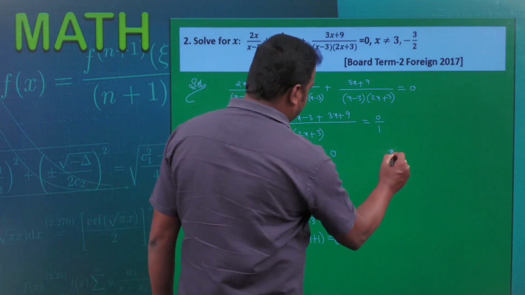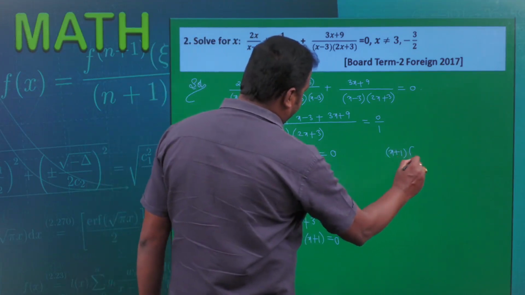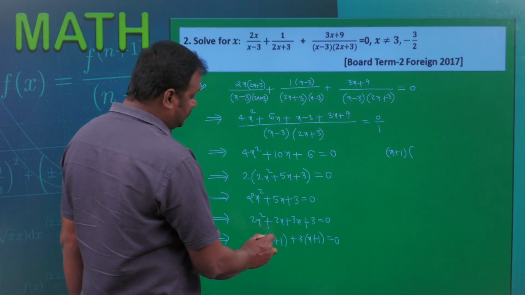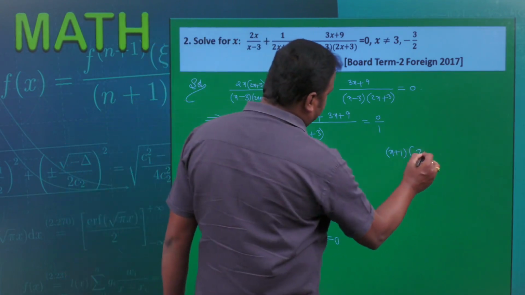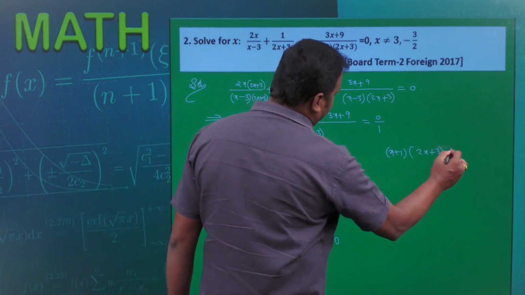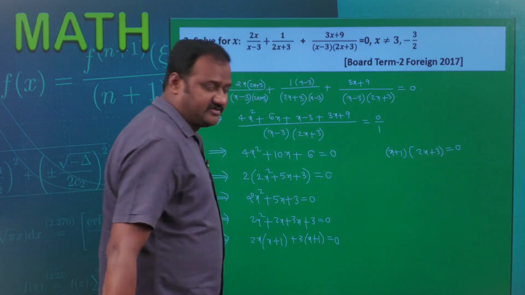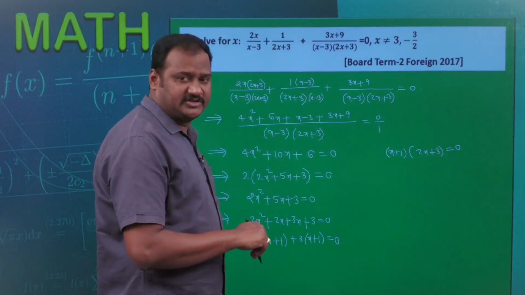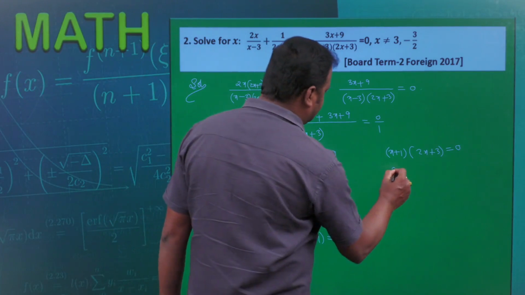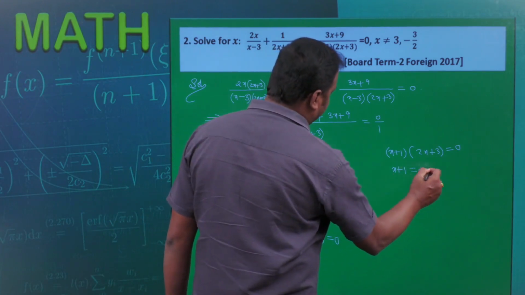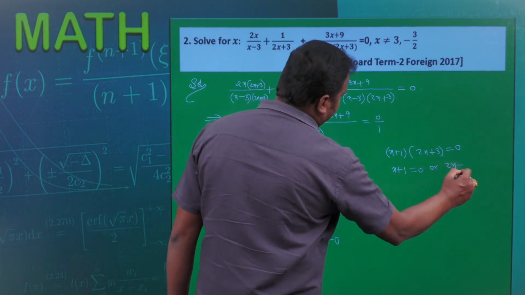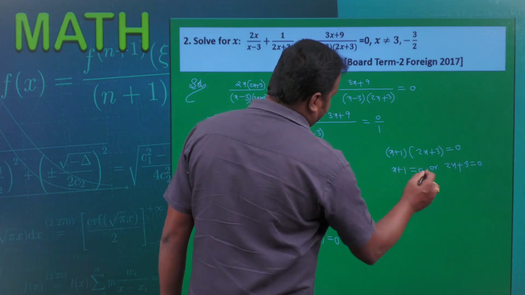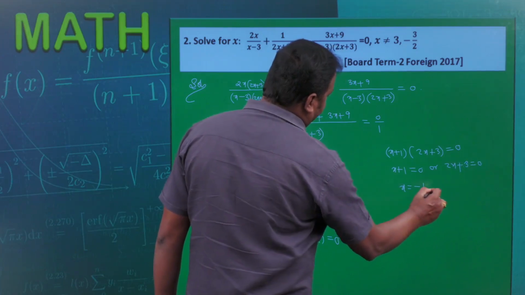So x plus 1 is the first factor into, the remaining term here is 2x and here plus 3. So 2x plus 3 is equal to 0. Again product of two terms equal to 0. Either first term equal to 0 or second term equal to 0. So x plus 1 is equal to 0 or 2x plus 3 is equal to 0. If x plus 1 equal to 0, x is equal to negative 1.